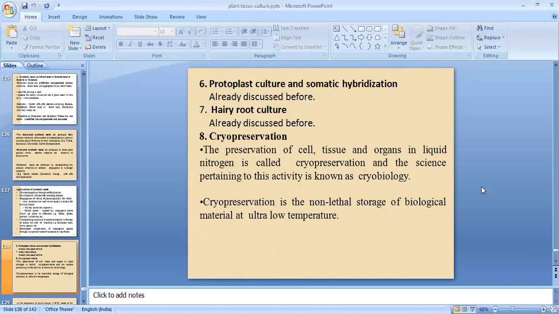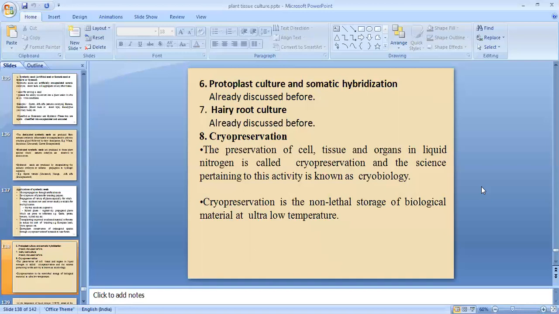Cryopreservation is nothing but the cell or the tissue or the organ can be preserved in nitrogen. Why do you want to preserve the cells or tissues or organs in nitrogen?